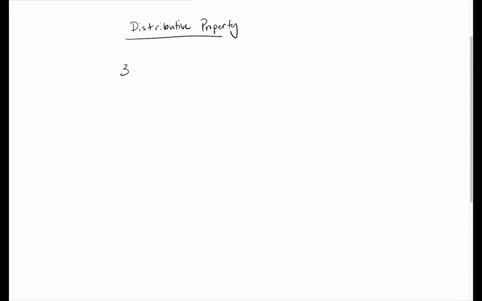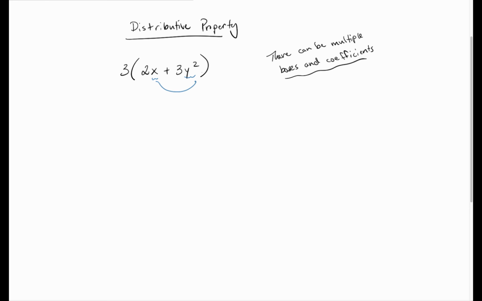Now, let's go ahead and look at an example where we have a more complicated base. So in this example, we have 3 times the quantity 2x plus 3y squared. Okay, and in this case, we're going to end up with multiple bases and coefficients as we work through. So currently, on the inside, working through our order of operations, we have 2 different bases, x and y squared.